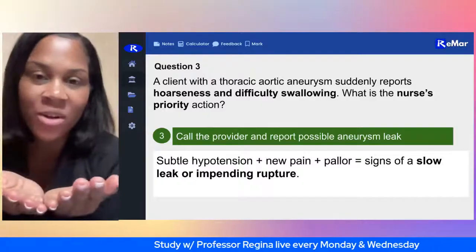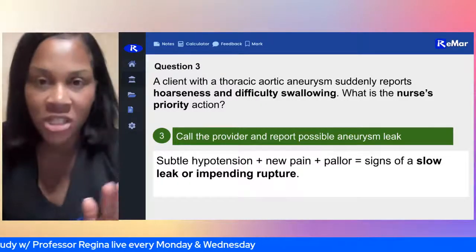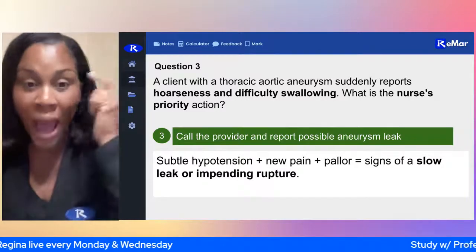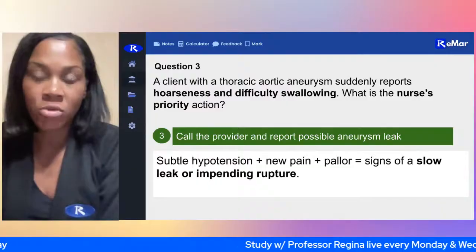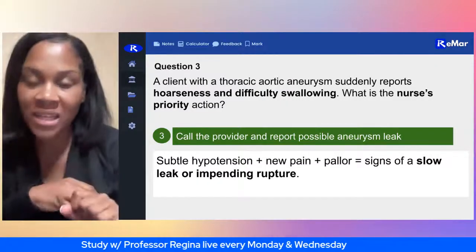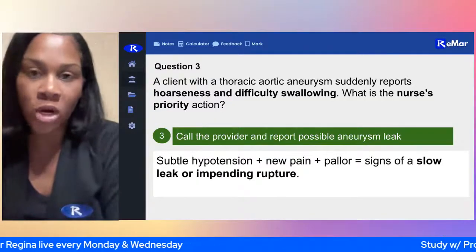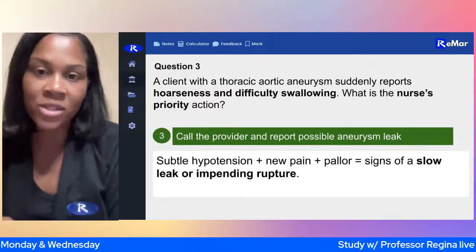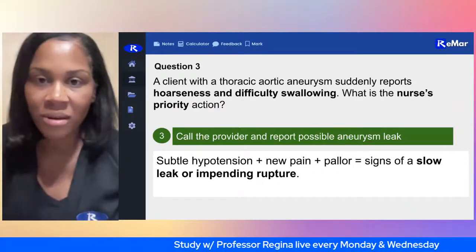I'm highlighting aneurysms because there is no strategy that works with NCLEX. You have to be able to know the information, right? So there are no hacks. There's no airway, breathing, circulation. Those things are nice to know, but they don't always work. The nursing process when it comes to aneurysm doesn't work, okay?